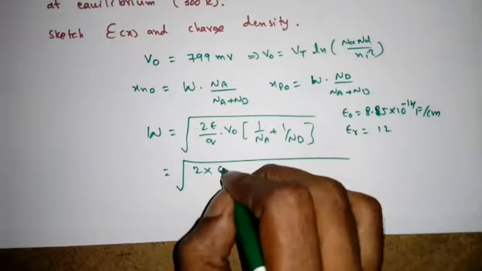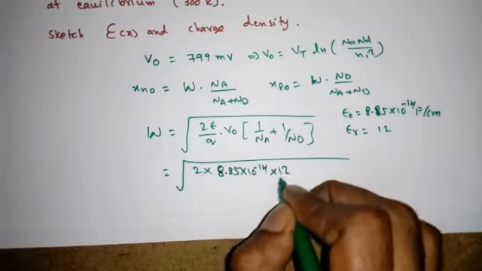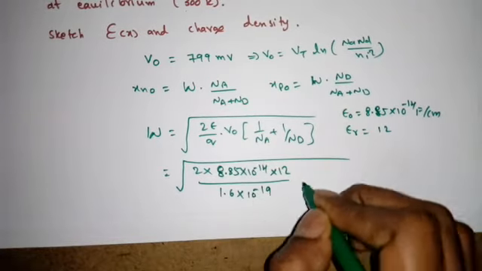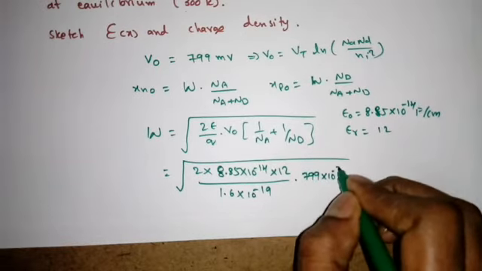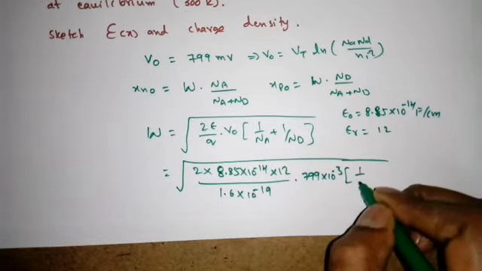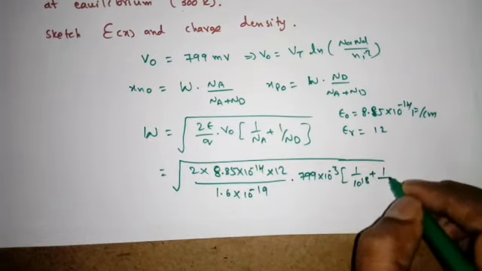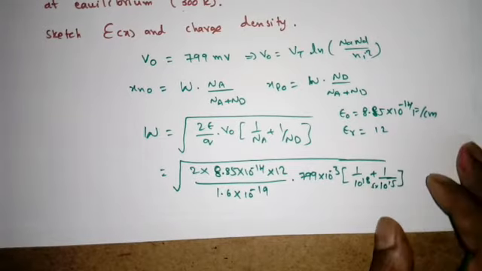So 2 into 8.85 into 10 to the power minus 14 into 12 by Q. What is the Q? 1.6 into 10 to the power minus 19, into V0, 799 millivolts, that is 10 to the power minus 3, into 1 by Na. Na is given as 10 to the power 18, plus 1 by 5 into 10 to the power 15, right?